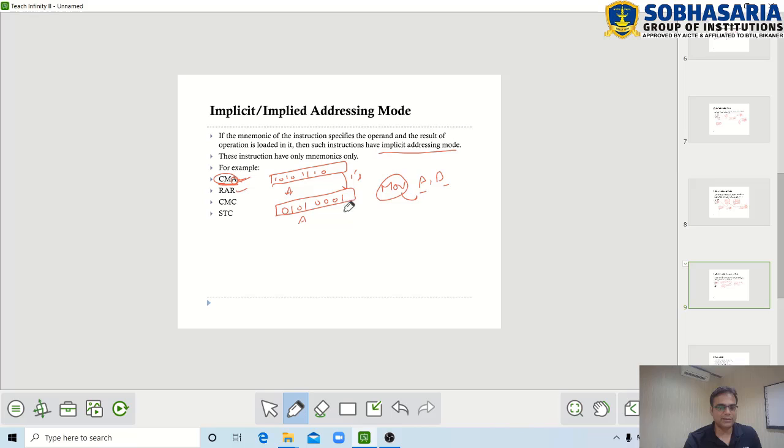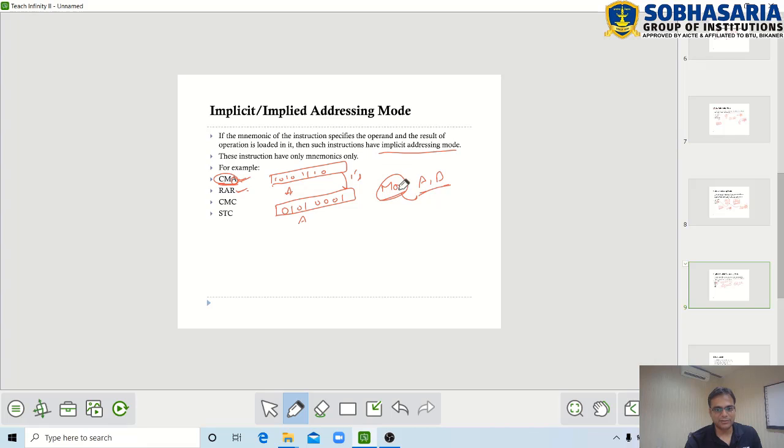Similarly with the RAR instruction. RAR rotates the accumulator right. This instruction will rotate the data in the accumulator one position to the right, with carry. Again this is an operation performed on the accumulator, and we are not writing any operand after the mnemonic.